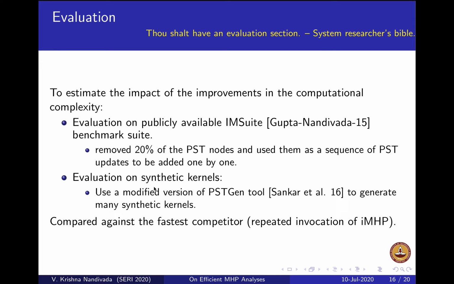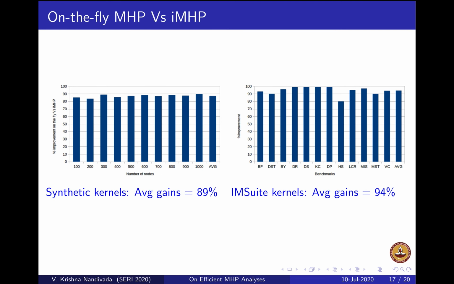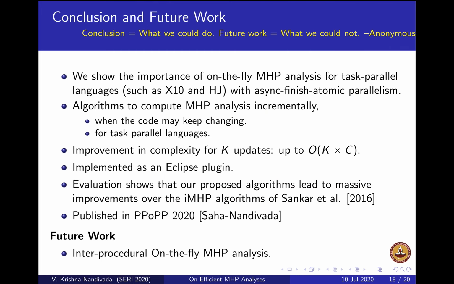Basically, for each invocation, for each update, I am invoking iMHP once. We show that on average, our gains are around 90% for both synthetic and IM suite kernels, which is huge, right?